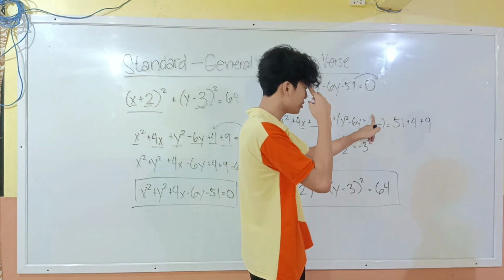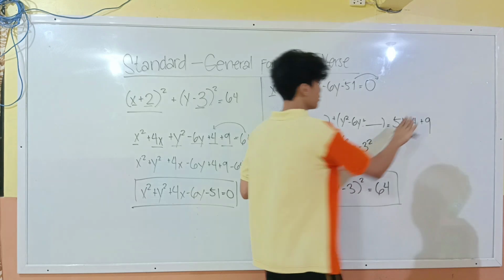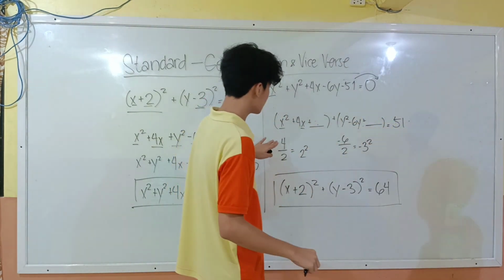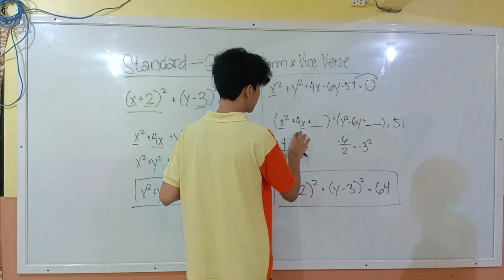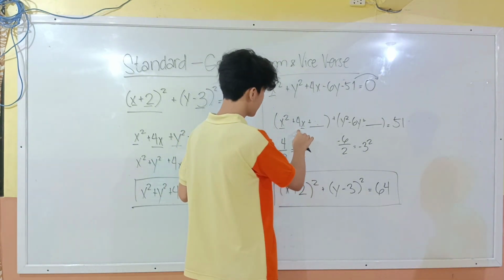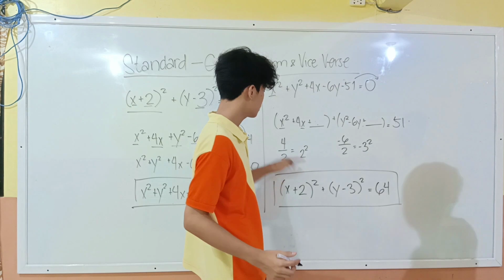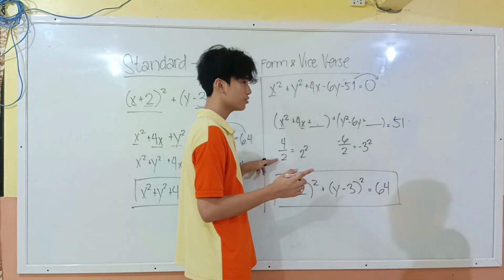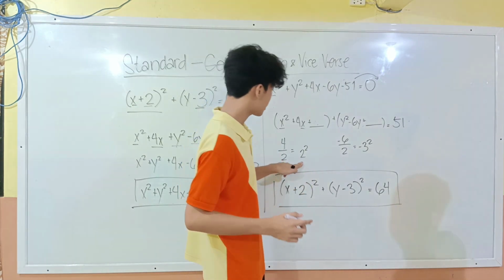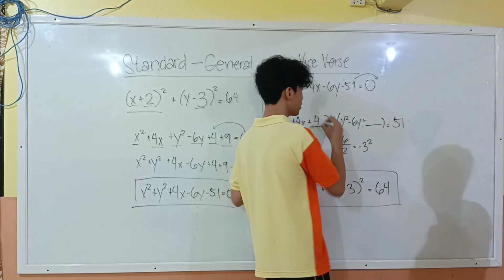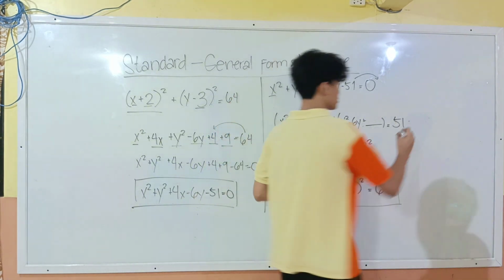And then to get the missing values right here, let me reset for you so you can understand better. We first need to get the value of this second term. And then we divide it by 2. And then we square it. So 4 divided by 2, 2 and then 2 times 2, equals 4. So we will add 4 here, and then 4 on the other side as well.